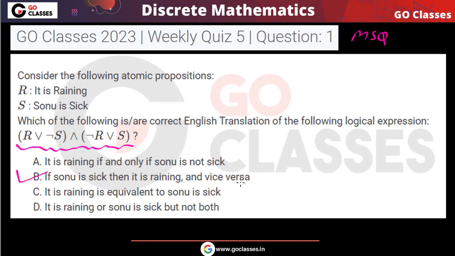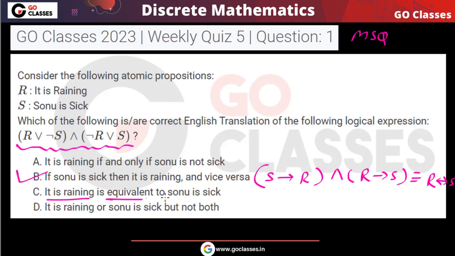So this is correct, because vice versa means the converse. I can say if Sonu is sick, then it is raining, and if it is raining, then Sonu is sick. And remember, this is the same as r biconditional s.